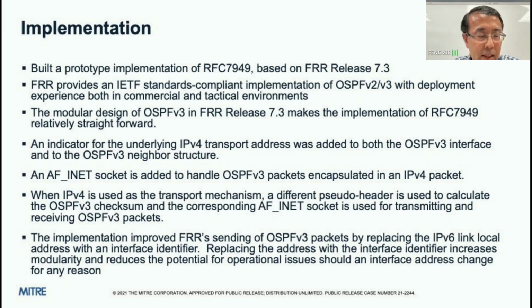We also add two flags, one at the instance level, one at the interface level, to indicate which transport the user plans to use. So at the data structure level, the addition is quite minor. One more socket, one flag, and then one IPv4 address.